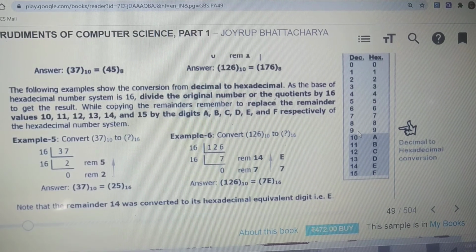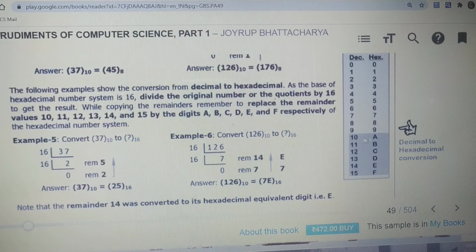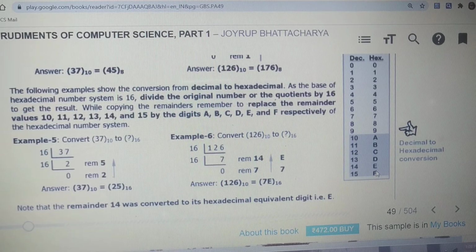Till 9, the decimal number 9 is also represented as 9 in hexadecimal, but the decimal value 10 is represented as A, 11 as B, 12 as C, 13 as D, 14 as E and 15 as F. Remember, from 10 onwards, you have to remember this, otherwise it will be very difficult.